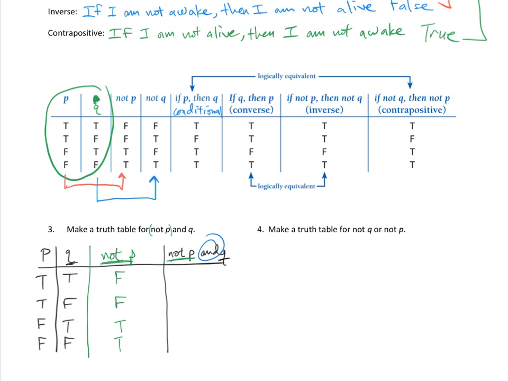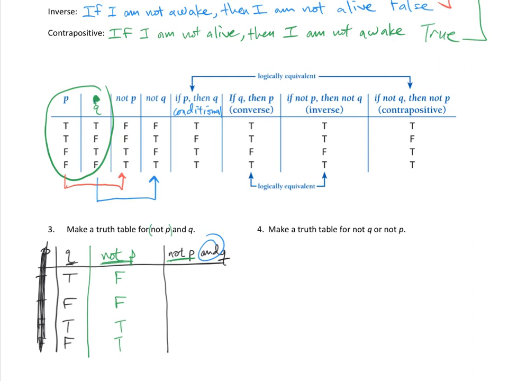So since I have my not P and my Q, I don't need P anymore. And in fact, I'm just going to get rid of it so I don't get confused. So what I'm doing now is joining not P and Q with the logical connector of and, a conjunction. Remember, the conjunction is only true if both propositions are true.